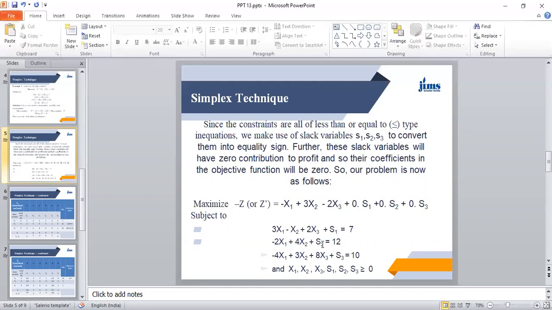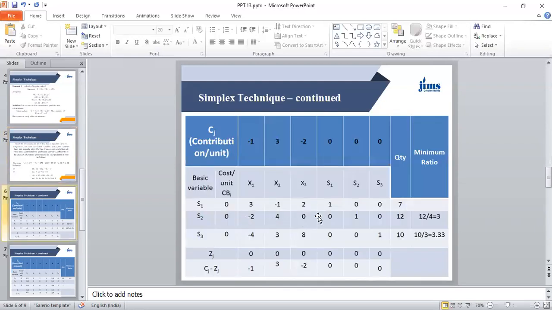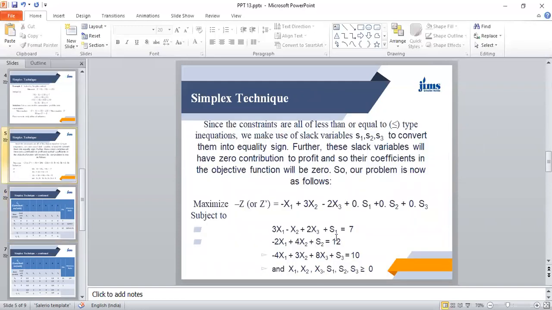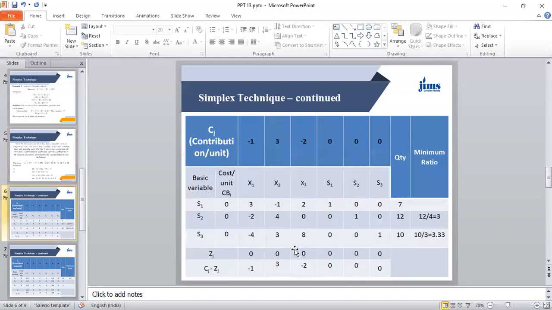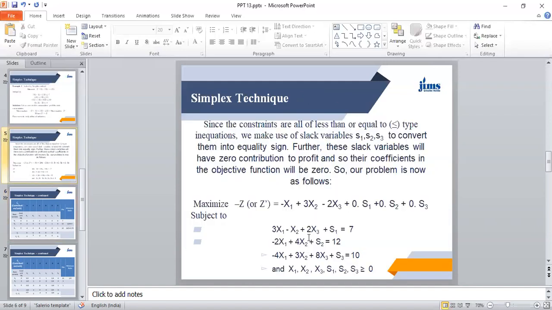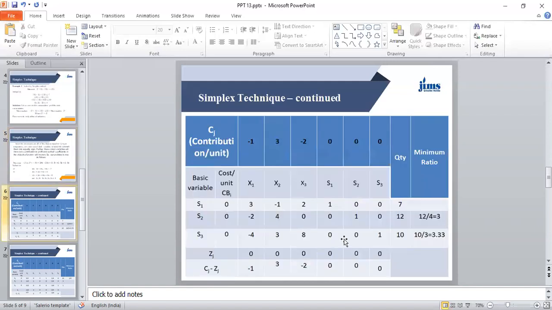For the third line, it is minus 4, 3, 8, 0, 0, 1.